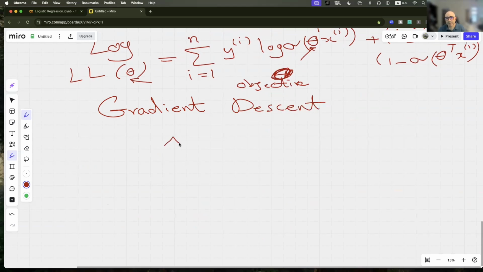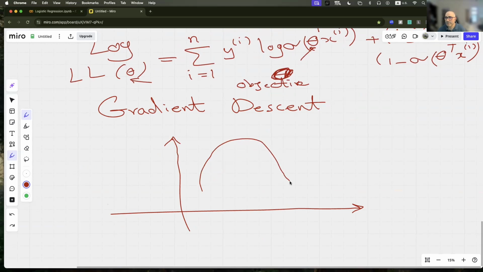If you have a function like this, imagine this 2-dimensional plot where the value is f of theta. If I want to find the value that maximizes this, which imagine is this point, you can start at any initial point and take the derivative until you find this value.